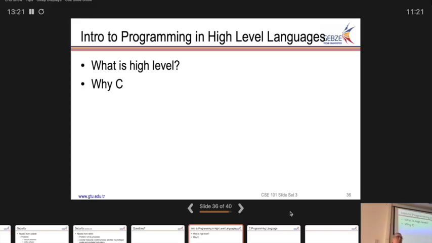A modified version of C and C++ is C#, and then there is Java and JavaScript. They are closely related to C and C++.